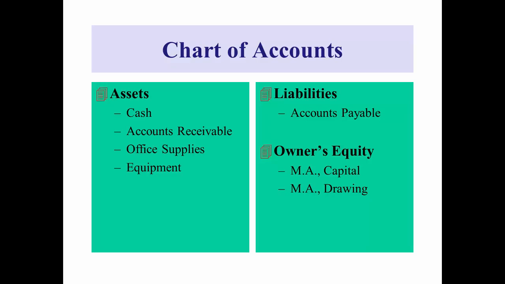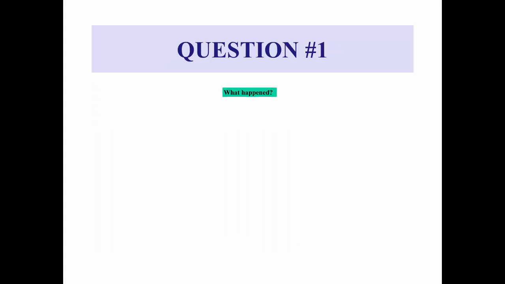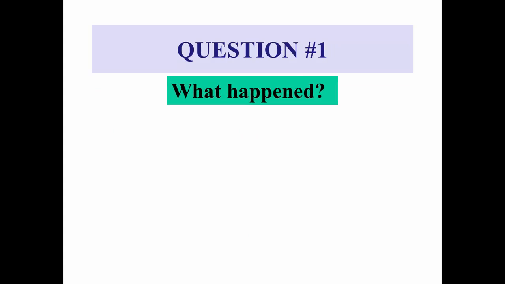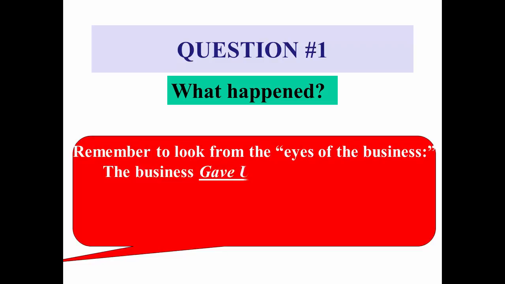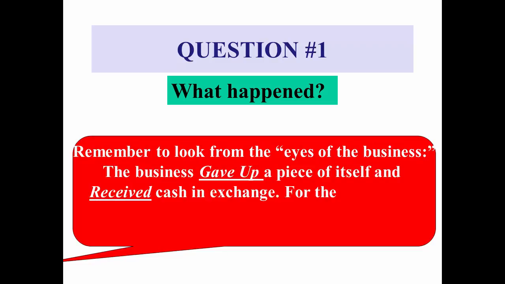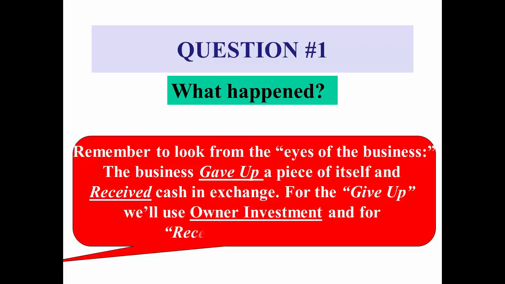So there's our chart of accounts. Now we're going to go to question number 1. What happened? What did the business give up and what did the business receive? We have to look from the eyes of the business. The business gave up a piece of itself and it received cash in exchange.